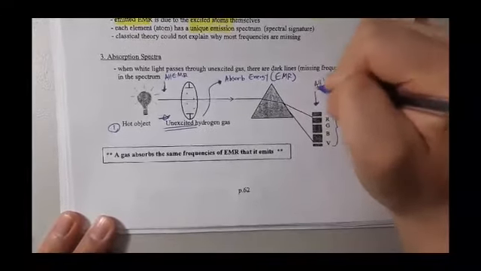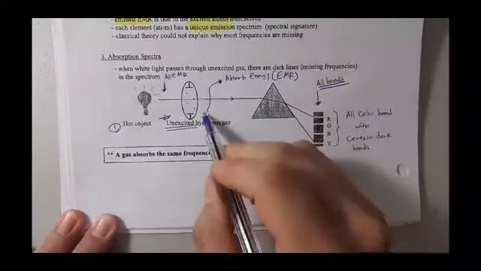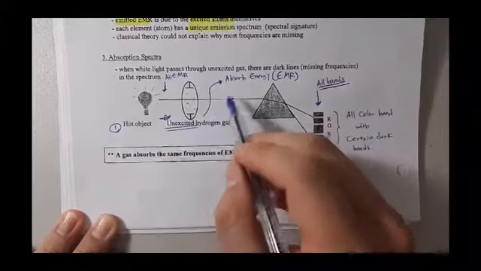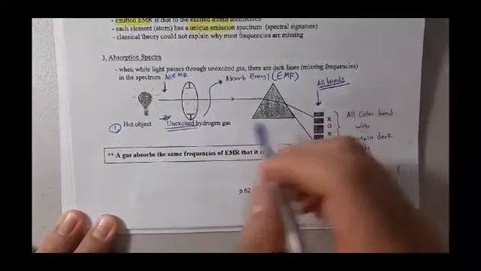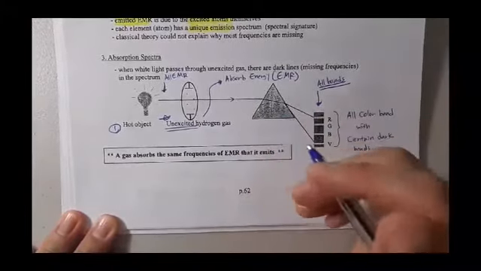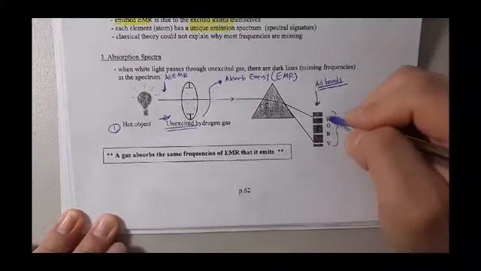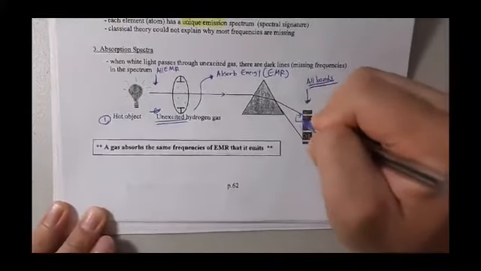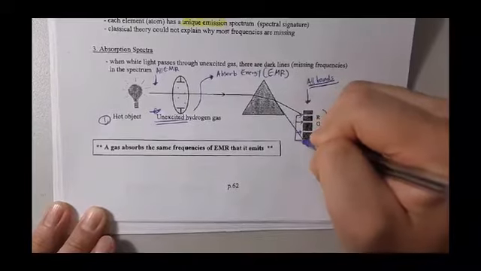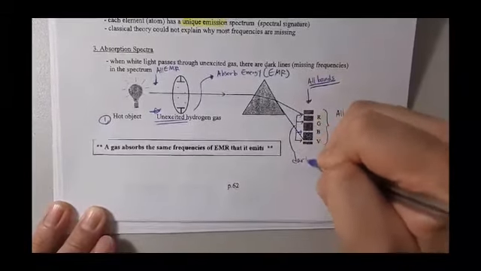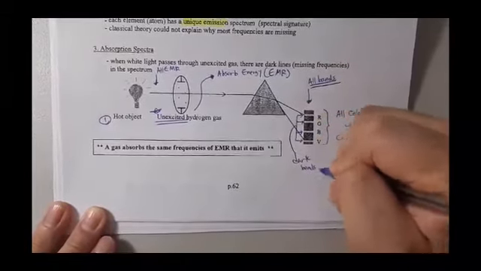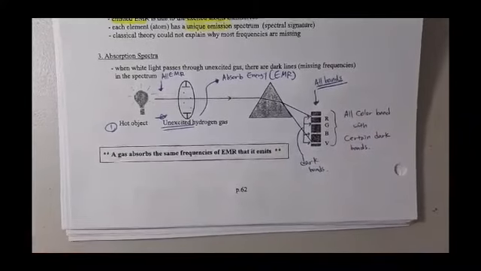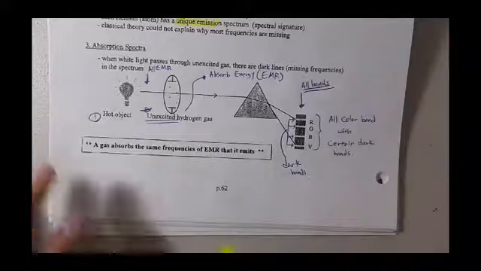But because some are absorbing the energy, it can be hydrogen gas or something like that, in this situation you will see some dark band at this location. And this phenomenon is known as absorption spectra.